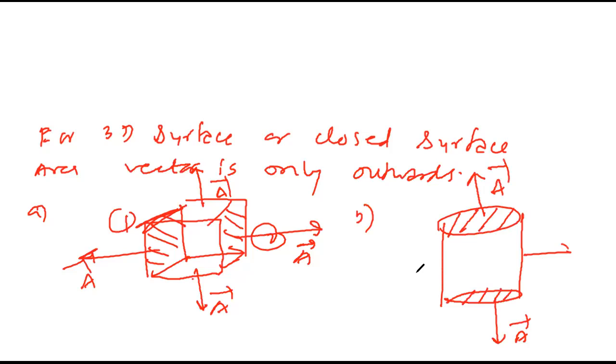For this also it will be only outward. This is the direction of the area vector. Now I think you follow. Draw the diagram of both A and B. If it is a 2D figure, then outward, inward both are correct. But if it is a 3D or closed figure, then only outward and perpendicular to that plane.